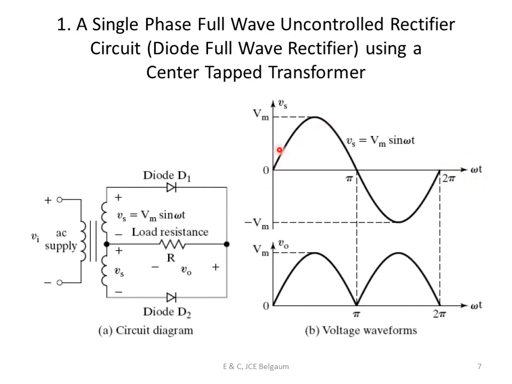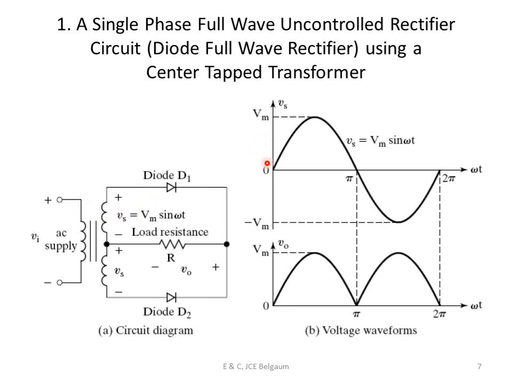This waveform is Vm sin omega t, which is Vs, the supply voltage. The sinusoidal input is drawn here, and Vm is nothing but the peak value of the sine wave. I have Vm here and minus Vm here.